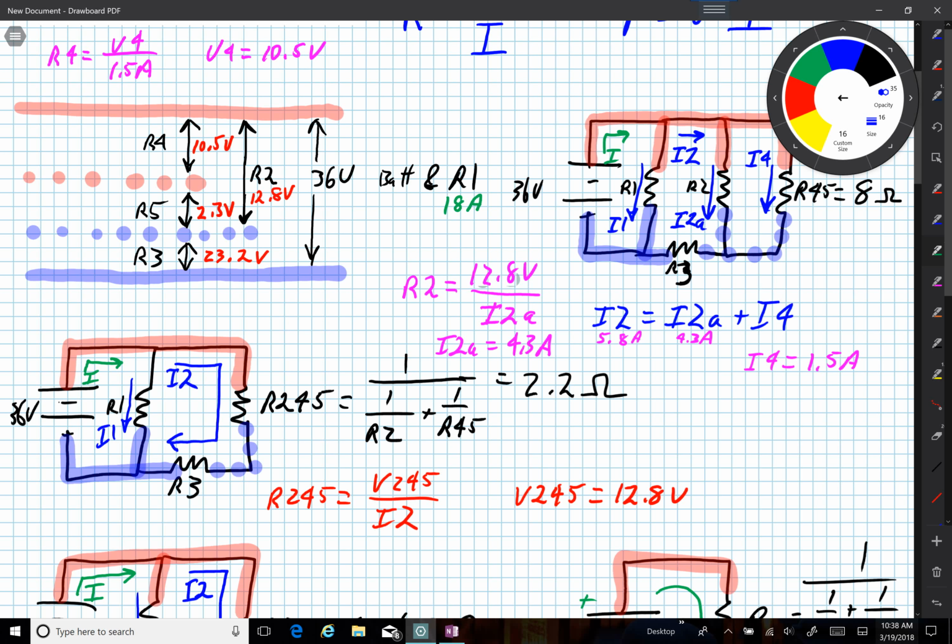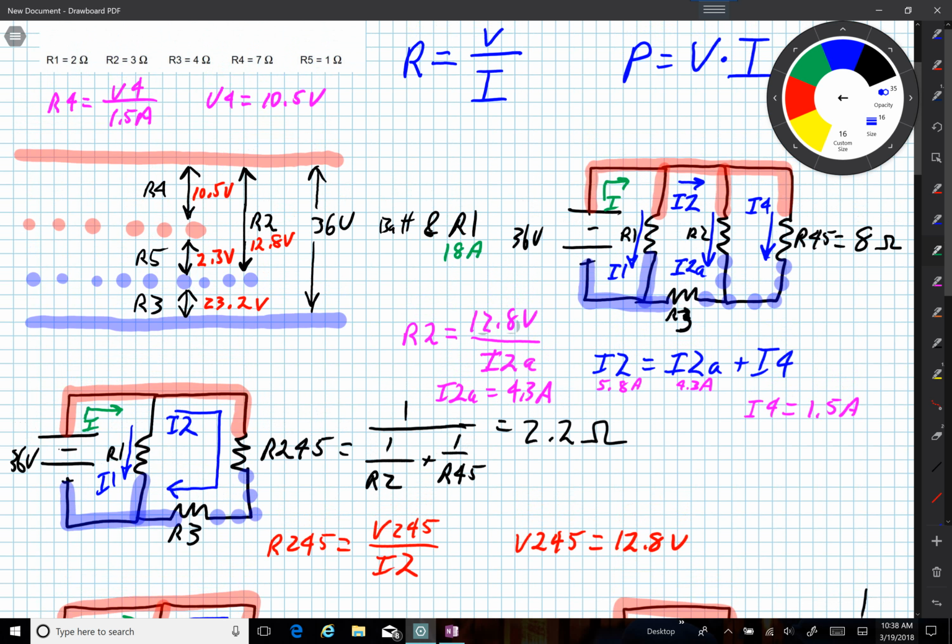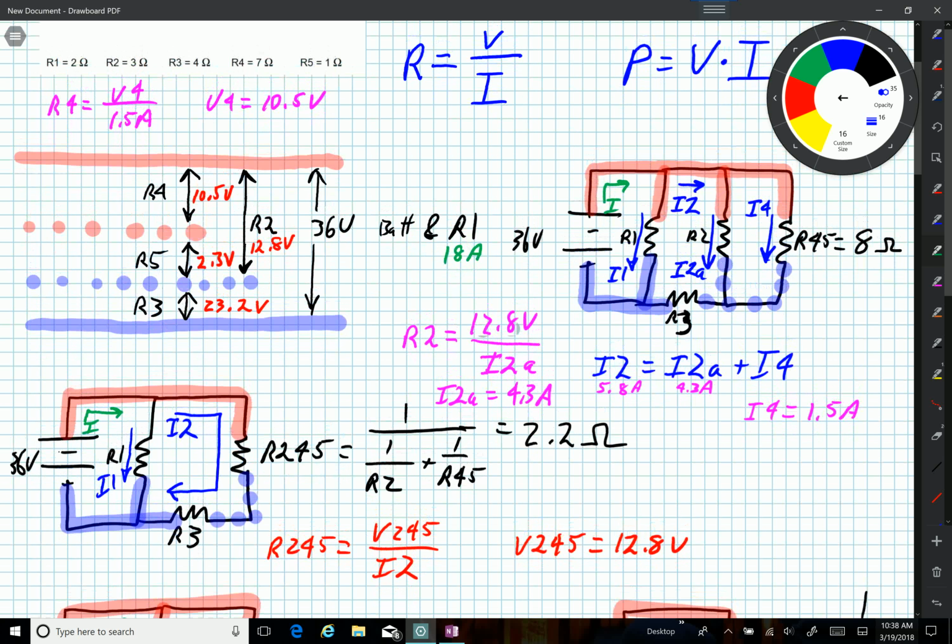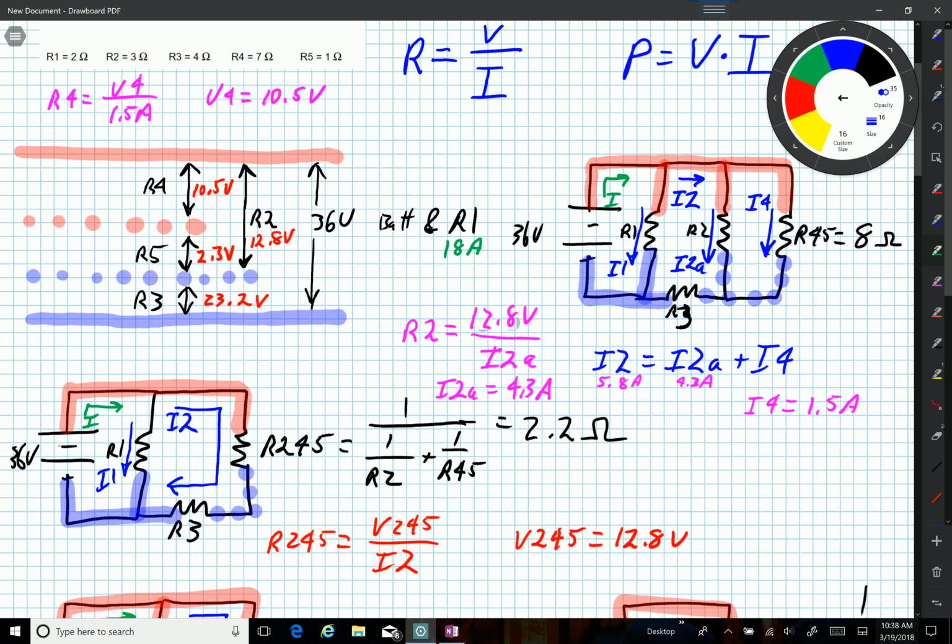But I2 doesn't flow through anything in particular. The current that flows through R2, we called it I2A. And I2A was 4.3 amps. So 4.3 amps through R2.